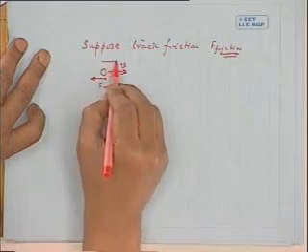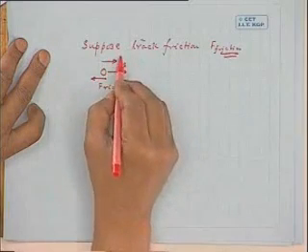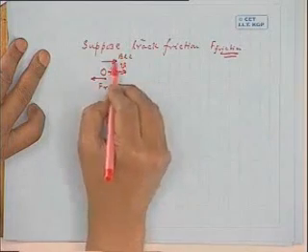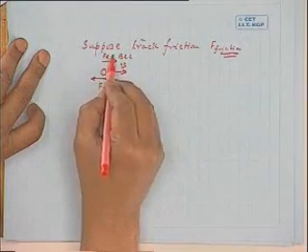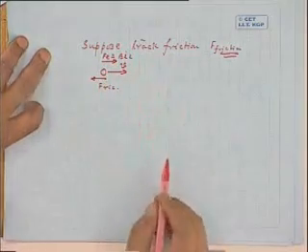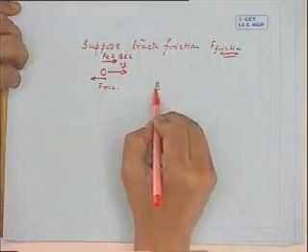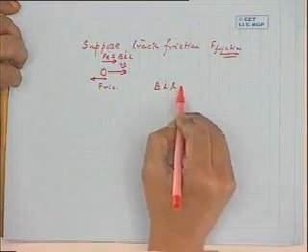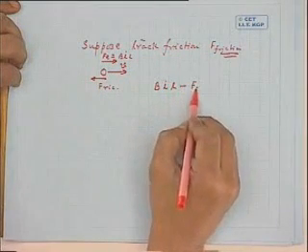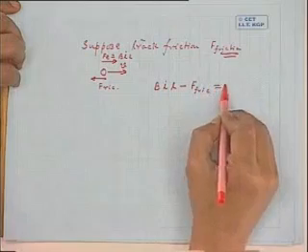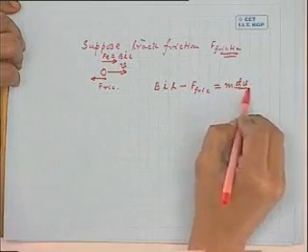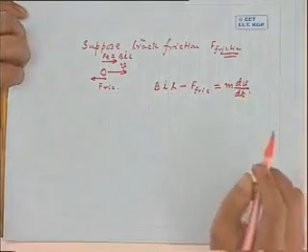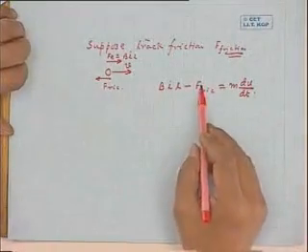Frictional force will act in the opposite direction, F friction. And electromagnetic force FE is acting from left to right, of value BIL. Therefore, the equation of motion will be BIL minus F friction, and this should be equal to m dv by dt.